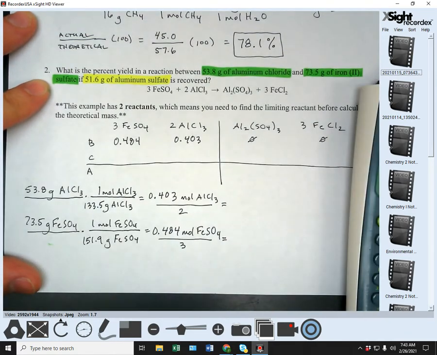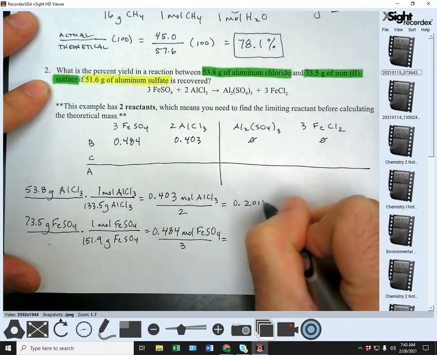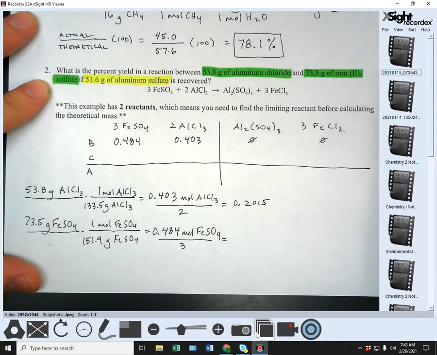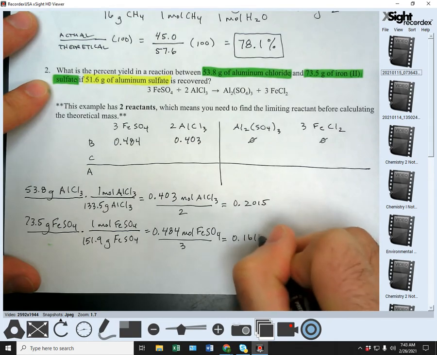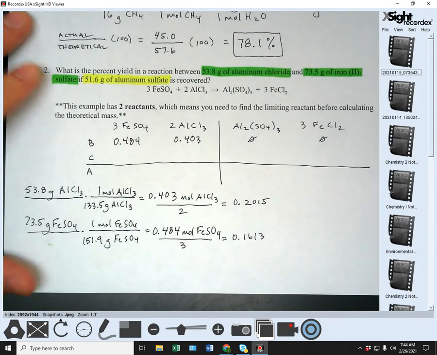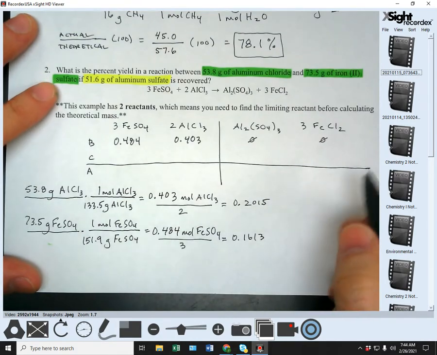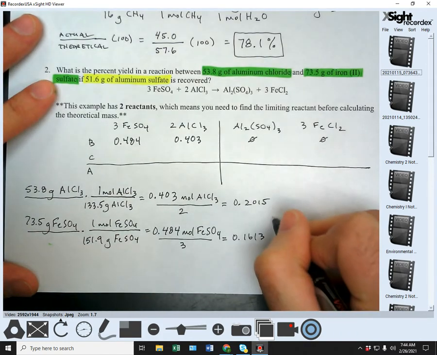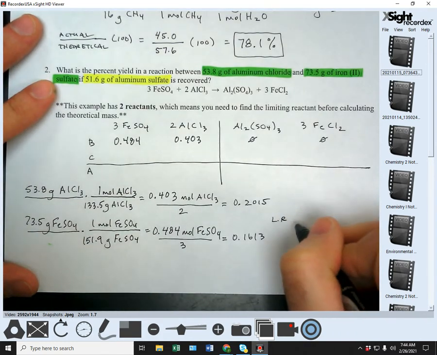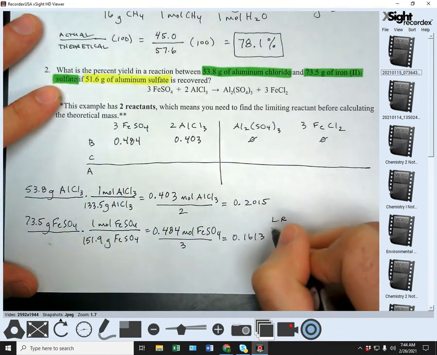So all right. So this tells us right here that our limiting reactant is the FeSO4.